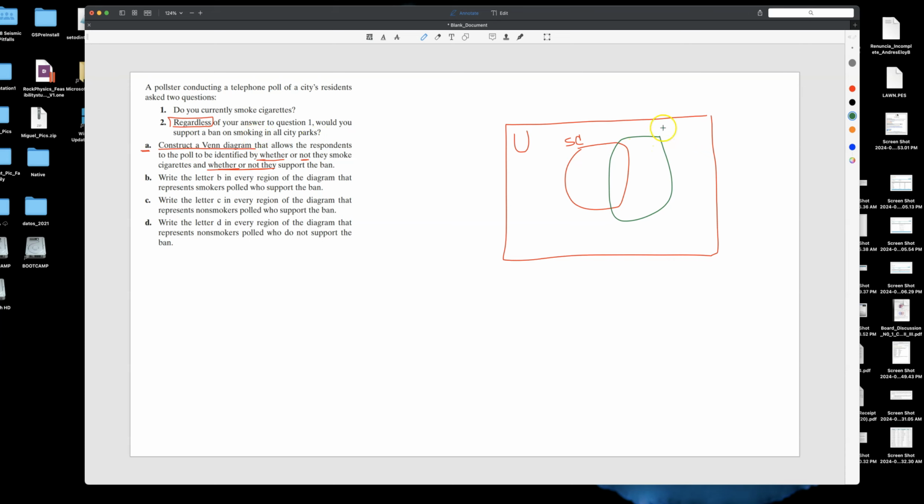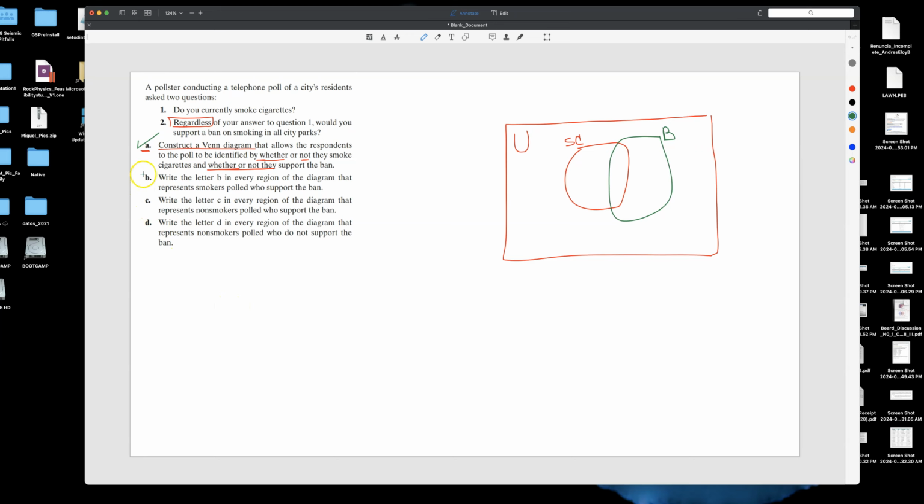I'm going to use the label B, coming from ban. So I drew these two sets, and they have an intersection. This is part A.